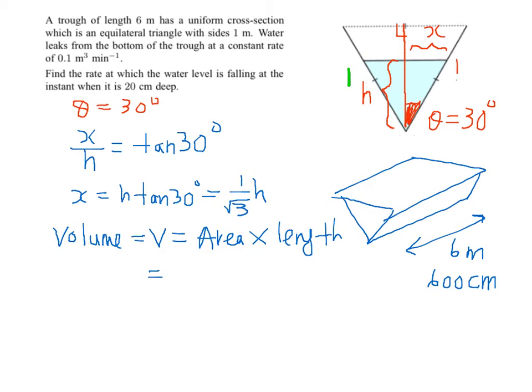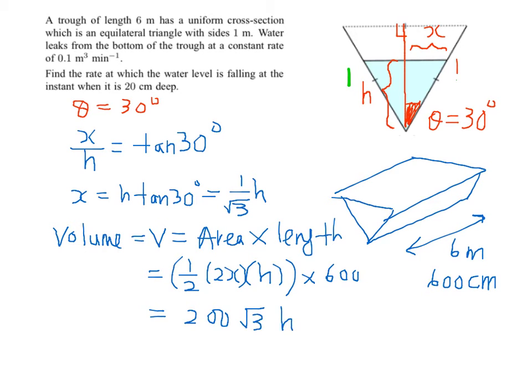So for the area itself we have half times 2x, because half is x, so the whole total length here will be 2x, times h, and as for length, that will be 600 cm. And finally, if you simplify this by substituting x equals h over square root of 3 into here, we would have 200 square root of 3 h squared. Of course, this is in cm cubed.